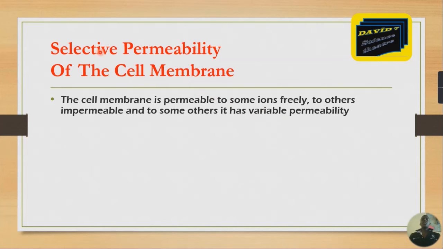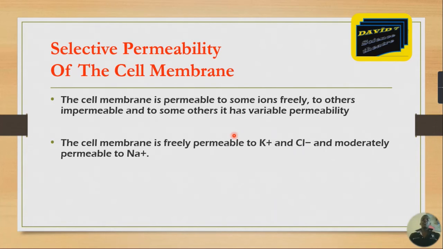Ion selective permeability means that the cell membrane is permeable to some ions freely, to others it is impermeable, to others it is permeable to some extent. The cell membrane is freely permeable to potassium and chloride, and moderately permeable to sodium. You get that point? Highly permeable to potassium and chloride, and moderately permeable to sodium ions.